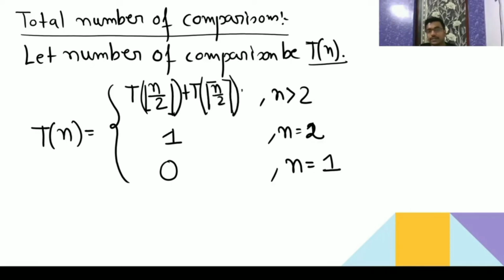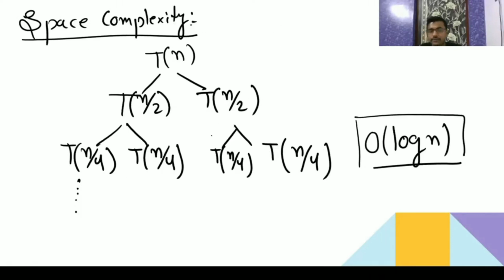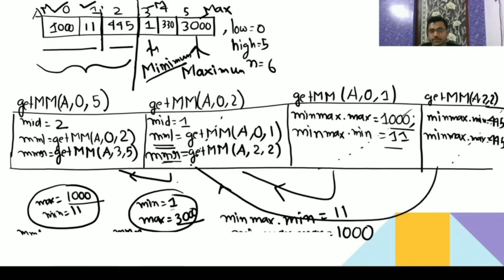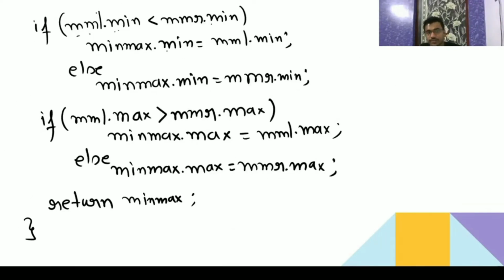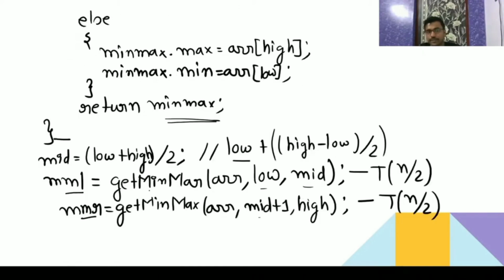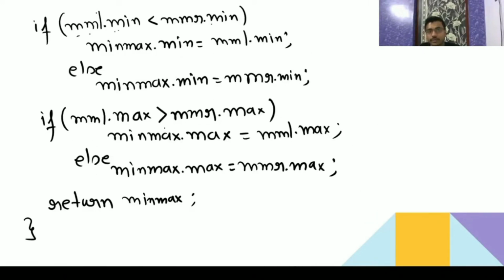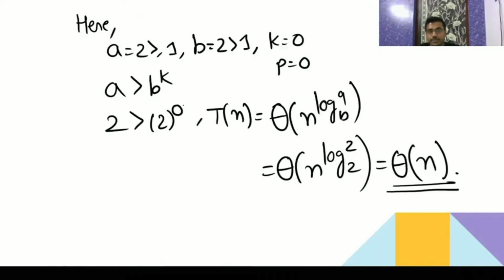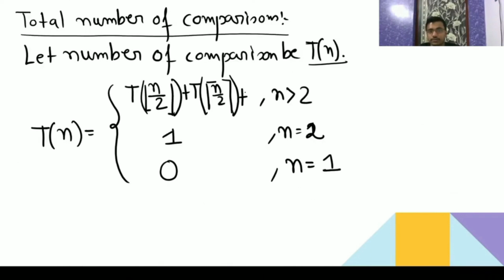Then after returning that we are doing two comparisons. After these calls we are returning the min max as mml and mmr. Then we are doing one comparison here and one comparison here. So in total we are doing two comparisons, that is going to be plus 2. Please let me know whether it is clear or not.